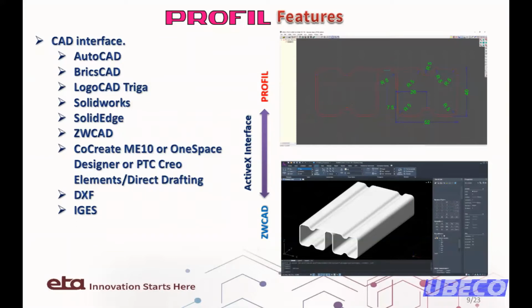Profil supports different CAD interfaces such as AutoCAD, BricsCAD, SolidWorks, Solid Edge, and ZWCAD. As shown on the right side, we have a 2D profile generated by Profil, which can be converted into a 3D geometry in ZWCAD by using the active interface embedded in Profil.